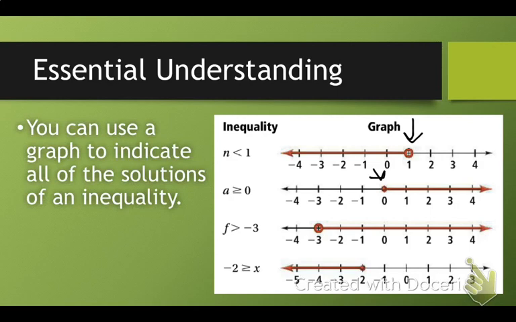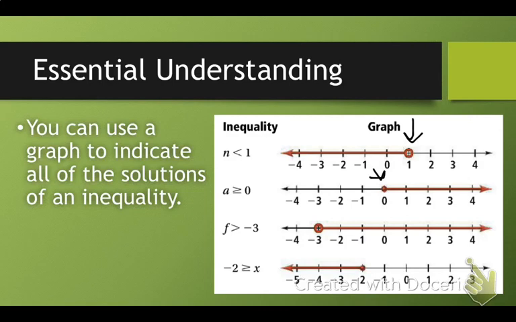Now, you'll also notice between the first and the second one, the first one has an open circle, and the second one has a closed circle. That is a very important difference to make sure that you do not forget. An open circle indicates that that number itself does not fit as a solution. So for example, if I were to put the number 1 in for this first inequality, 1 is not less than 1, so the number 1 cannot be a solution.